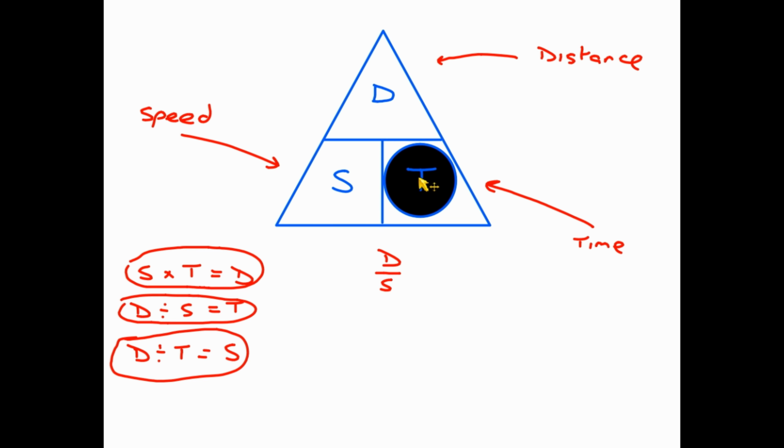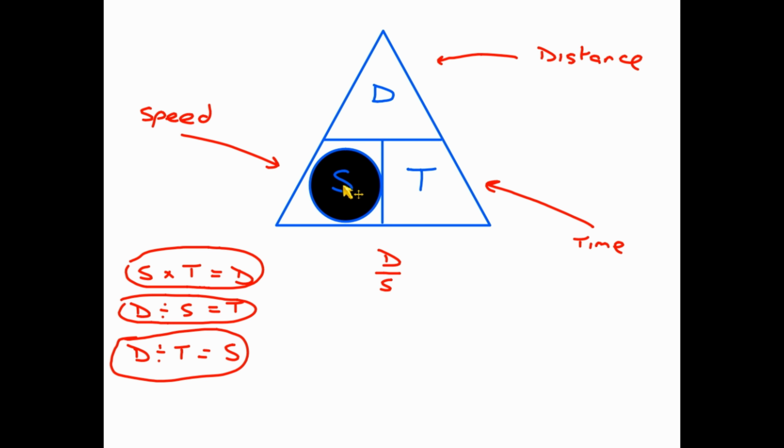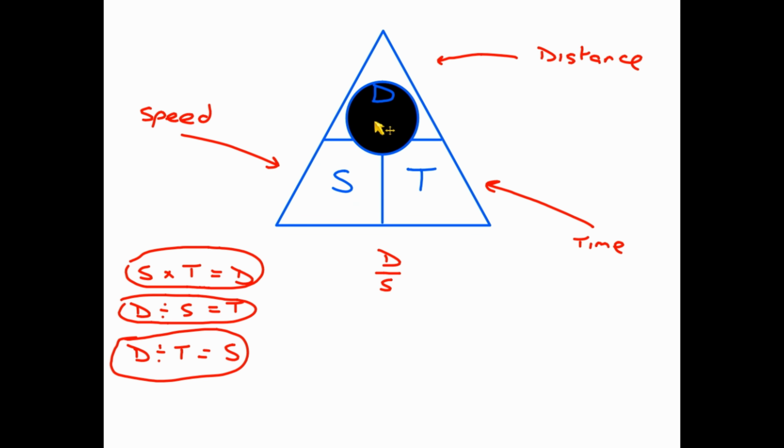If it's time, your thumb goes over time, and that is your guide: distance divided by speed. If your thumb goes over the speed, it's distance over time. If your thumb goes on the D, it's speed times time. That will give you the distance.